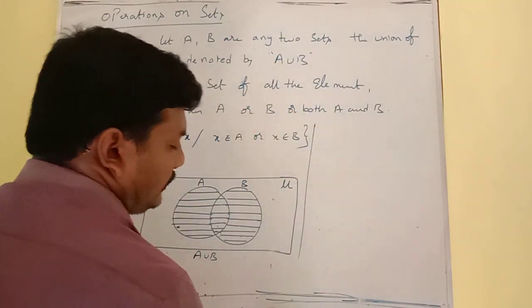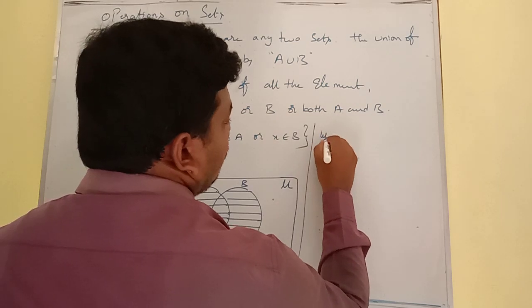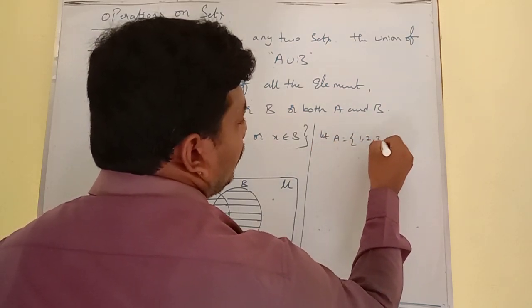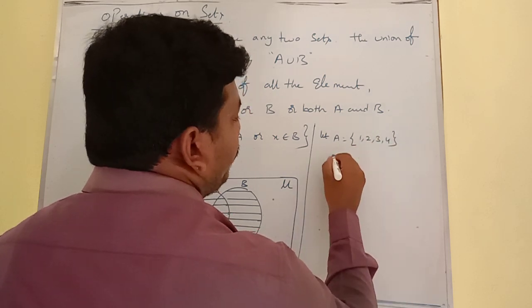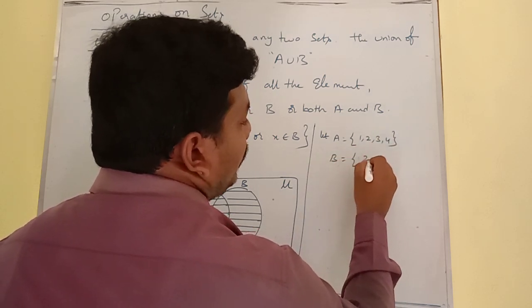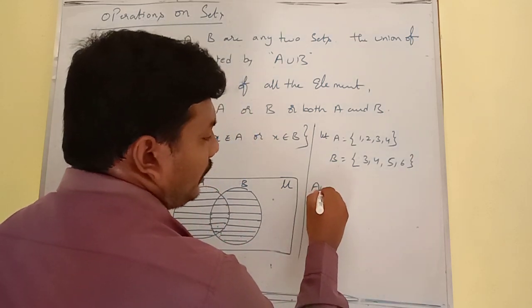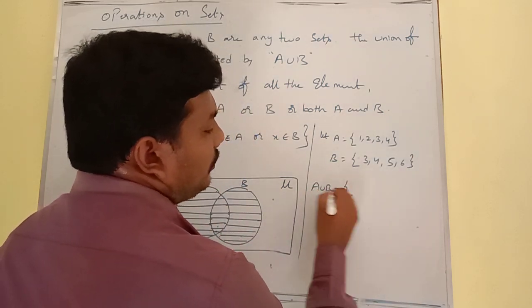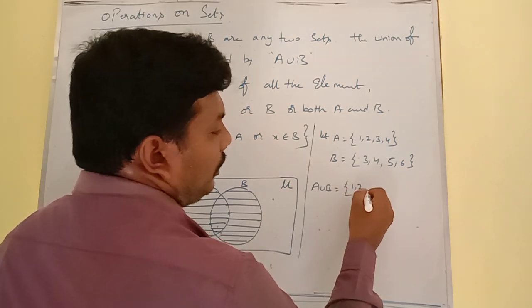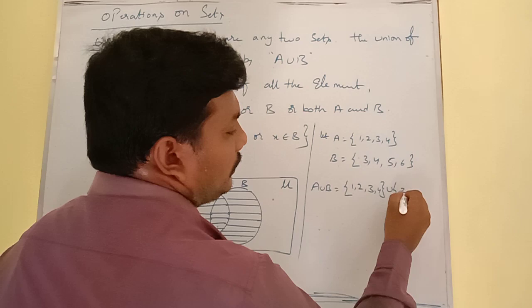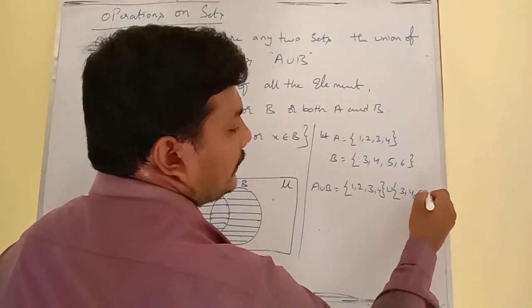Let me consider an example. Let A equals 1, 2, 3, 4 and B equals 3, 4, 5, 6. We have to find A union B. A union B equals the A set 1, 2, 3, 4 union the B set 3, 4, 5, 6.